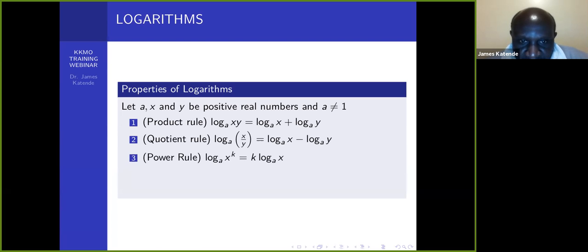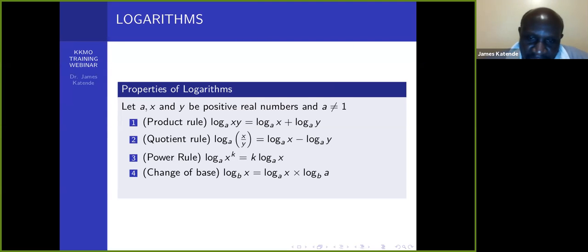Then there's a power rule which says the logarithm base a of x raised to k is the same as k multiplied by the logarithm of x. And then the next one is the change of base logarithm.